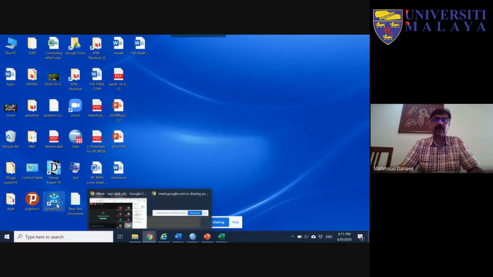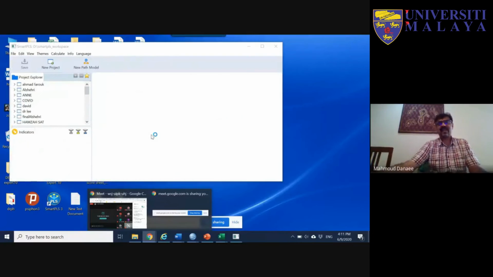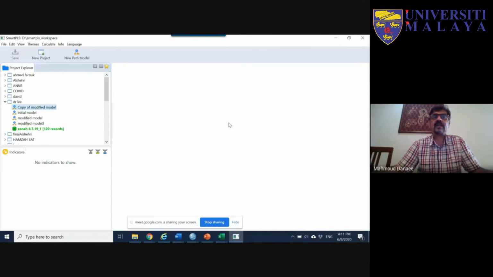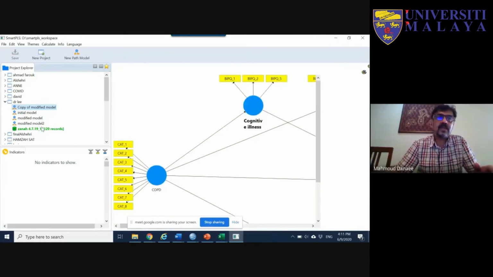PLS is one of the user-friendly software environments that you can deal with, much easier compared to AMOS. AMOS is a bit challenging because there are a lot of assumptions. For example, if you do the measurement model, you draw the model. So let me show you.